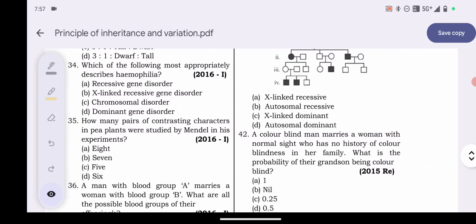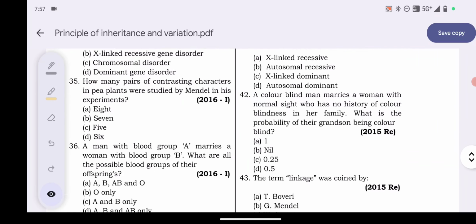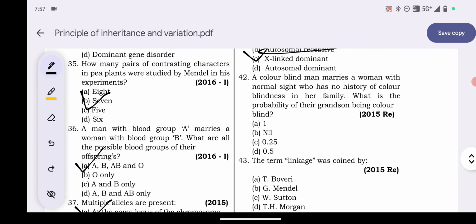Next, 42. A colorblind man marries a woman with normal sight who has no history of color blindness in her family. What is the probability of their grandson being colorblind? So here, option A 1, option B nil, option C 0.25, option D 0.5.